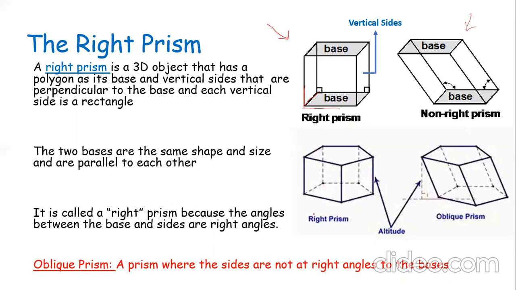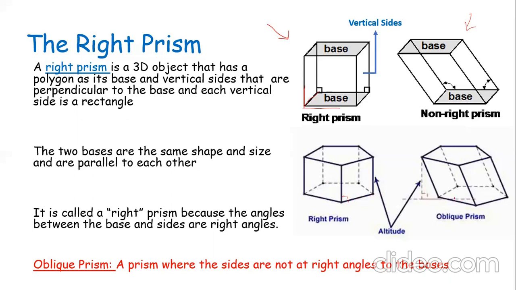Another example is the right prism we see here. We notice that the base is also a polygon with 5 sides, and it satisfies the conditions in order to be called a right prism. And here we have the vertical sides are perpendicular to the bases.